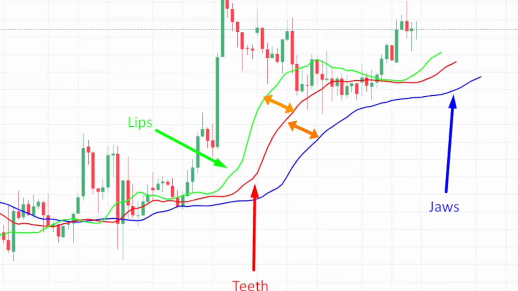In a downtrend, the lines are arranged in the opposite order, of course. The jaw line is at the top, below is the teeth line, and the lip line is the lowest one. Likewise, all three lines are directed to the downside. As the trend develops, the distance between the lines naturally is increasing.